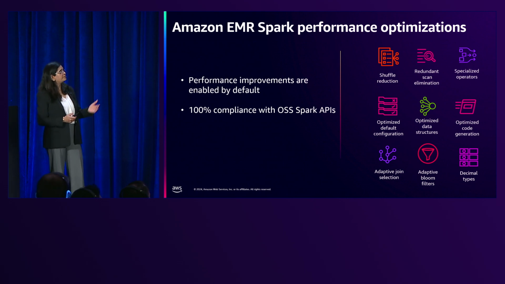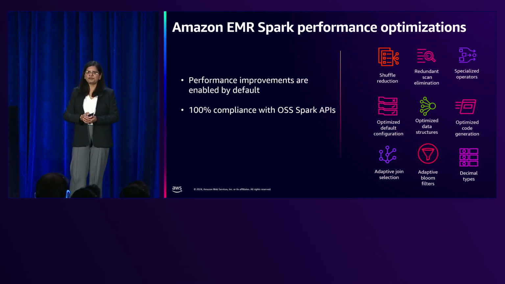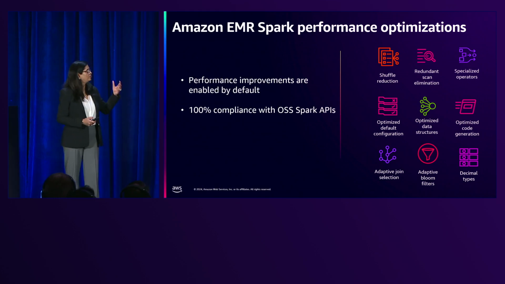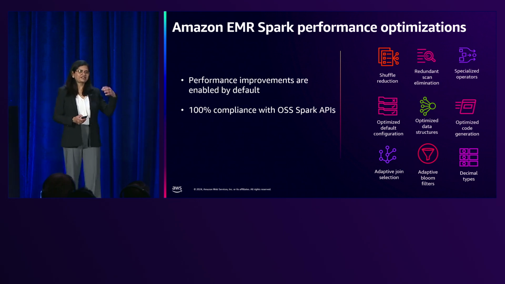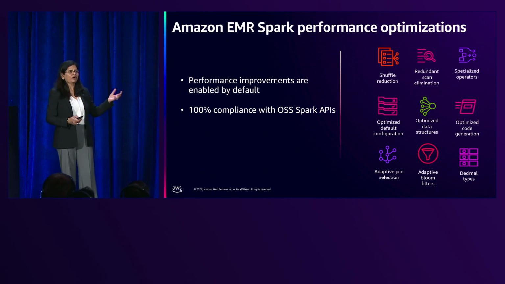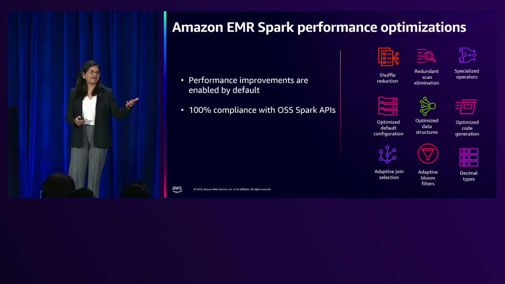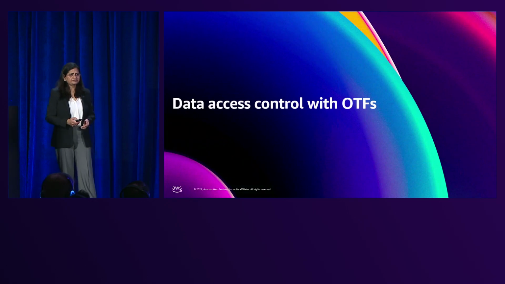And these performance improvements are enabled by default, which means that you don't have to do any other configuration to get these benefits. And with each EMR runtime release, we are 100% compatible with OSS Spark APIs, which means that you should be able to use any of our runtimes and get these benefits. And that includes all EMR deployments as well as the Glue ETL engine that runs Spark.